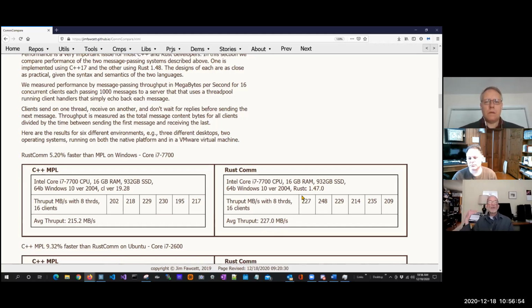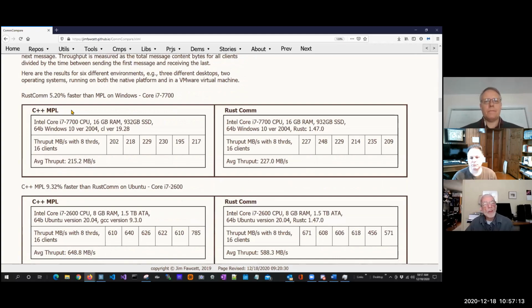Now, across these, there are 5 different comparisons. Rust was faster on 2 of them, and C++ was faster on 3 of them. But they're all very close. We'll draw some conclusions about it in a minute. So this is MPL on Windows, and this is Rustcom on Windows 10.